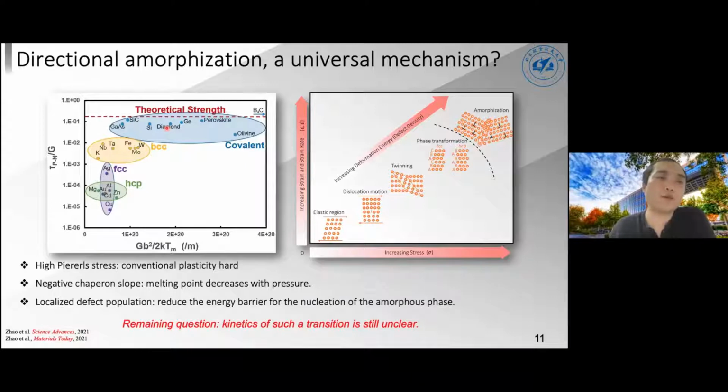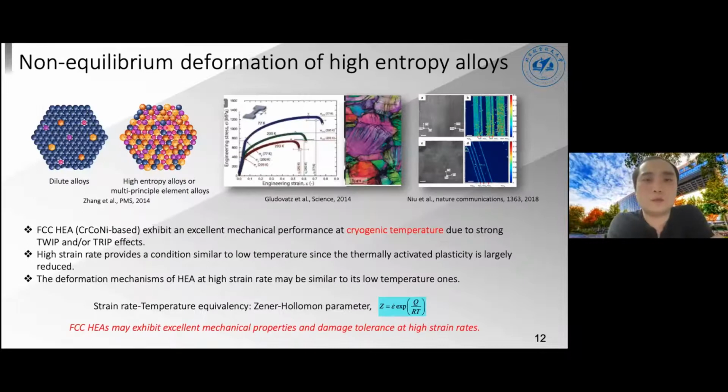So speaking of metallic systems, high entropy alloys are a hot topic right now in the physical metallurgy community. For those of you who are not familiar with high entropy alloys, it is basically a material that has multiple principal elements with almost equal atomic ratio. Previously, people have demonstrated that some material systems can have excellent cryogenic mechanical properties, attributed to twinning induced plasticity.